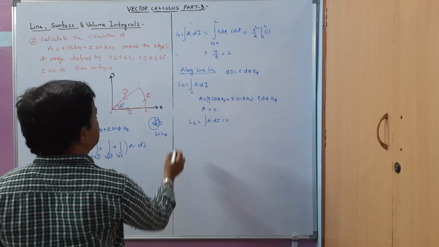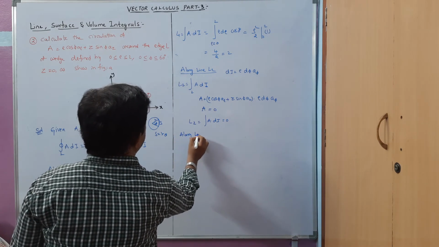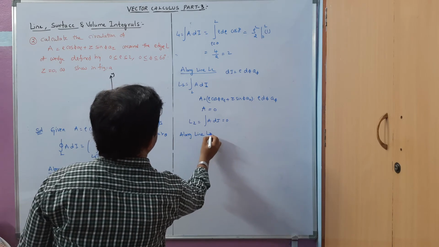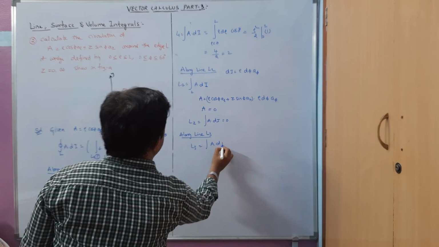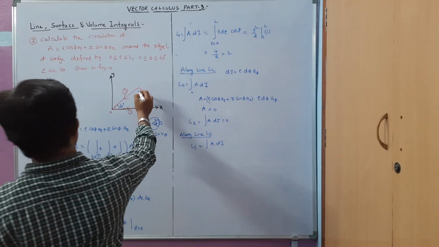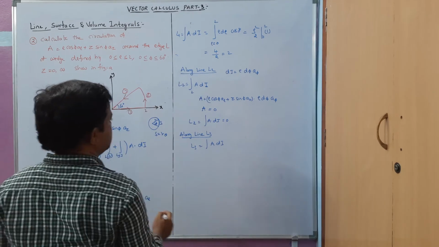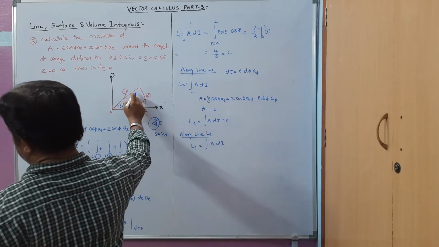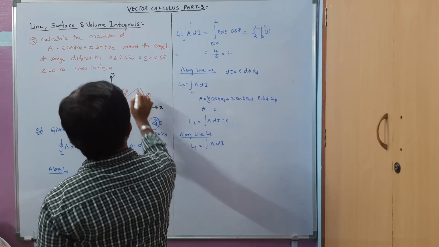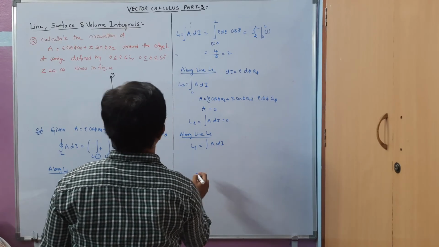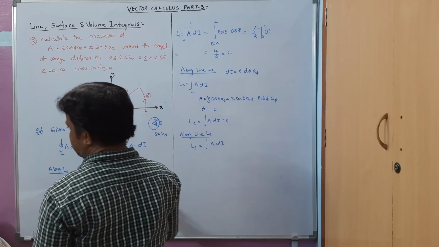And let us take the third line, along line L3. So again A dot dl. For this line integral, rho goes from 2 to 0. Now we have to find dl here.